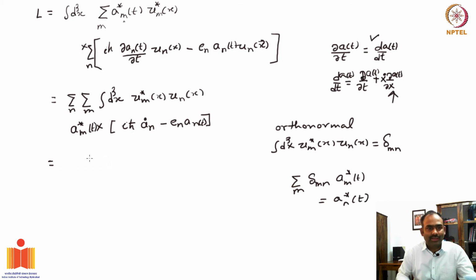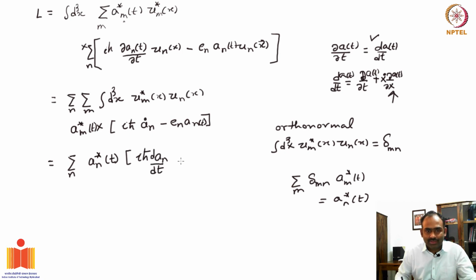So, I get summation over n a n star, and then i h bar d a n over d t minus E n a n of t.